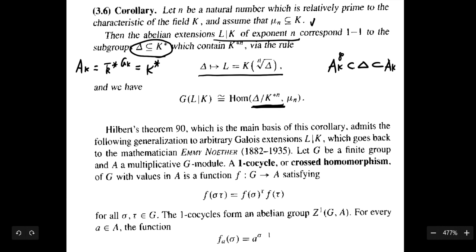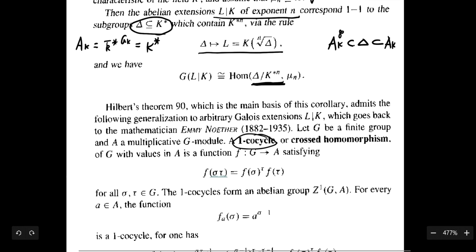A one cocycle or crossed homomorphism of G with values in A is a function satisfying the definition of one cocycle. This corresponds to a semi-linear homomorphism. That's the action of tau on f sigma and then f of tau.